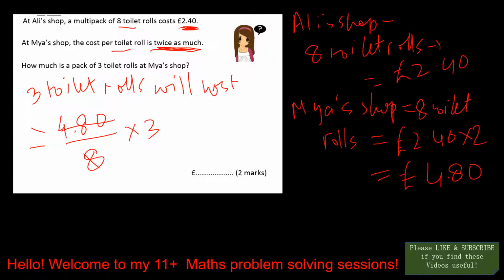So that is going to be 0.6, and so this cost is going to be 1.82. So the cost is 1.82. Okay, so hopefully that answers this question. Let's go to the next one.